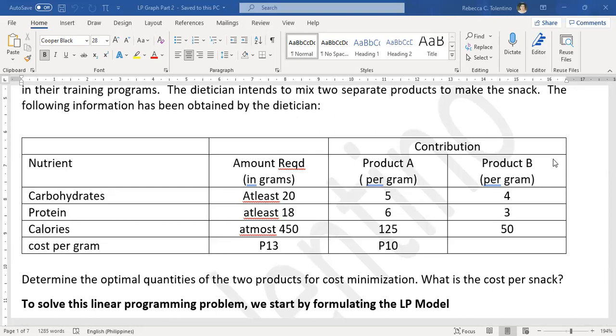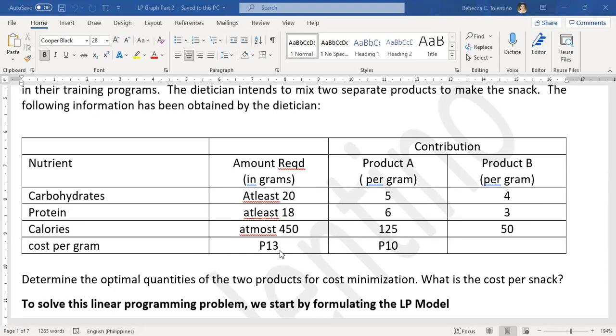And then we have product B, which contains 4 units of carbohydrates, 3 units of protein, and 50 units of calories. Now, based on the minimum requirements, the varsity player should be consuming at least 20 units of carbohydrates, at least 18 units of protein, and at most 450 units of calories.